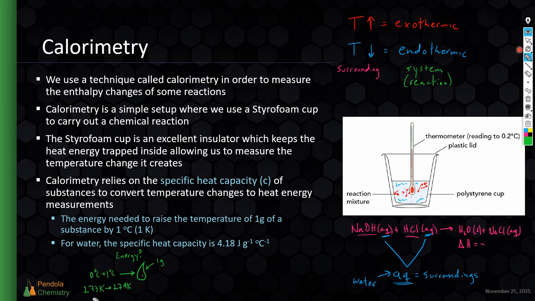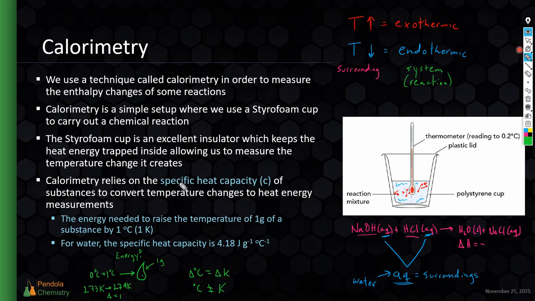Even though Kelvin and Celsius are not equal to each other, 0 degrees Celsius is not 0 Kelvin, the change in Celsius is equal to the change in Kelvin. Because if I go from 0 degrees Celsius to 1 degree Celsius, I'm going from 273 Kelvin to 274 Kelvin. Both of them are a change of 1. Delta is equal to 1 in both cases. So a change in Kelvin is equal to a change in Celsius, even though Celsius is not equal to Kelvin.